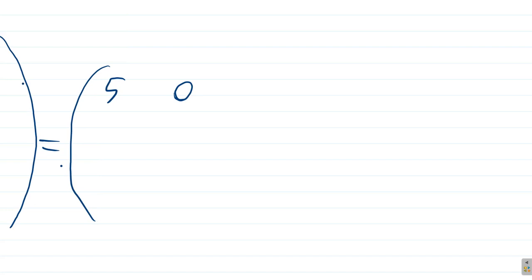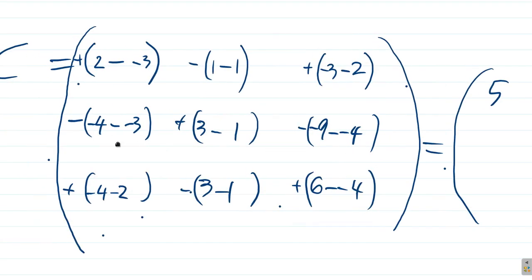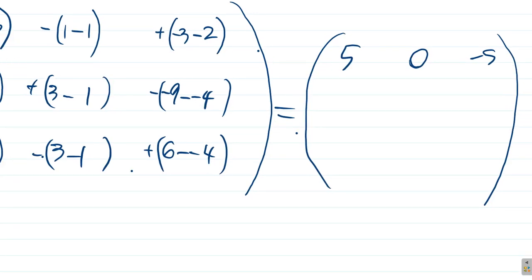So this is negative 5. And we have, this is negative 4 plus 3. Negative 4 plus 3 is negative 1. So minus negative 1 is a positive 1. So we have a positive 1 here.